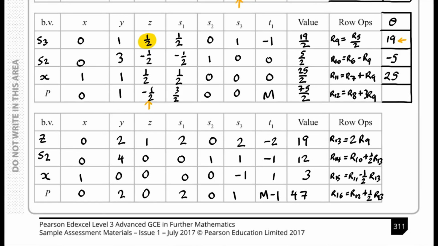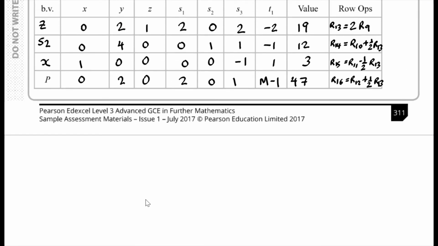if we delete the last page, now you'd find that we have over here all the values in the objective row which are now positive. Alright, so we have an optimal solution. So let's just write that down.